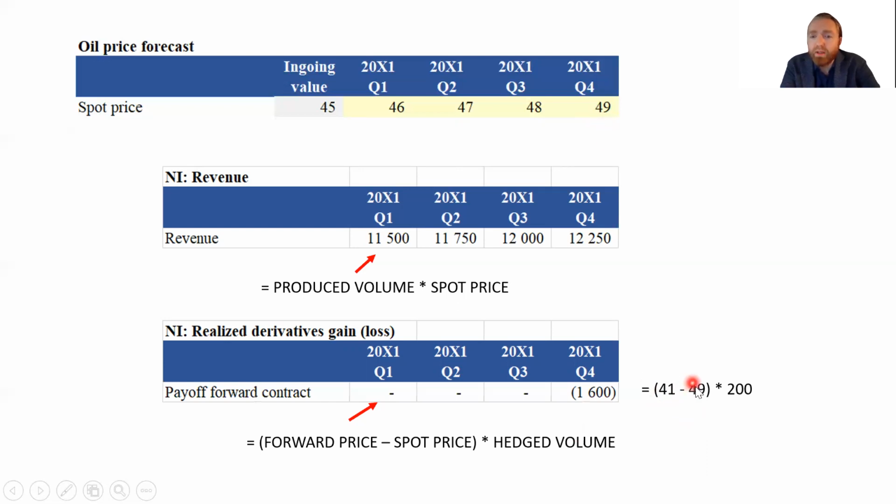So the difference ends up being the payoff, and we're basically losing money. This is good from a commercial point of view. We're gaining revenue over here. So the hedge, in this case, we will be losing from it, and vice versa in a scenario where the oil price is coming down, obviously. So we're losing money in this case from the forward contract.